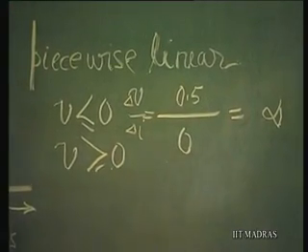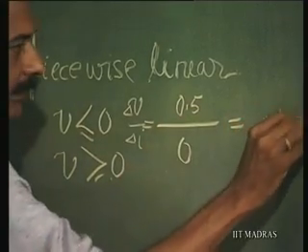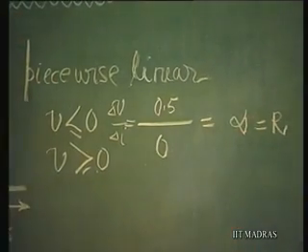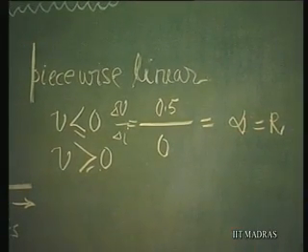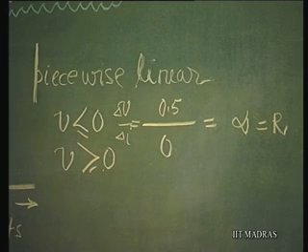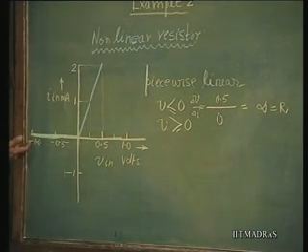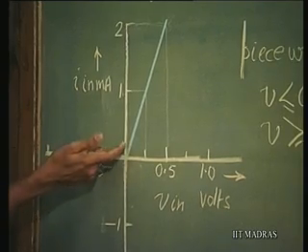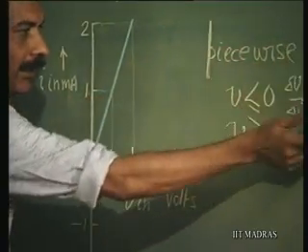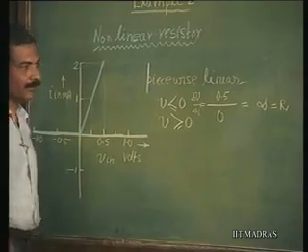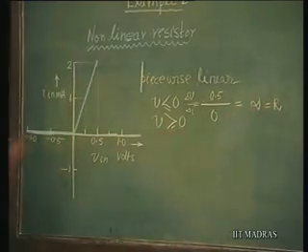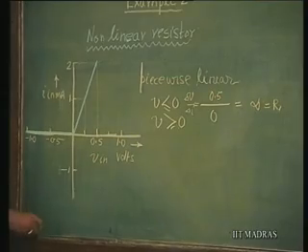So, this is the resistance in that region: the change in voltage divided by the change in current. Change in voltage is 0.5, change in current is 0; change in voltage is 1, change in current is 0. Whatever value you put here, the current is going to remain 0. So, the resistance in the entire region is going to be infinity.